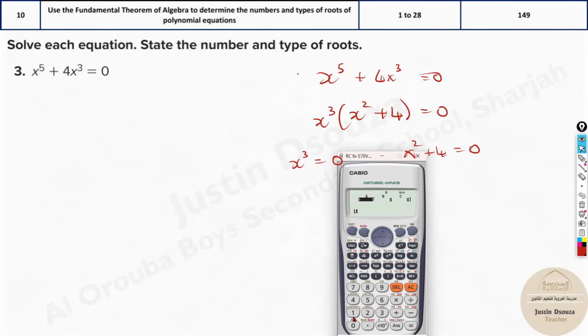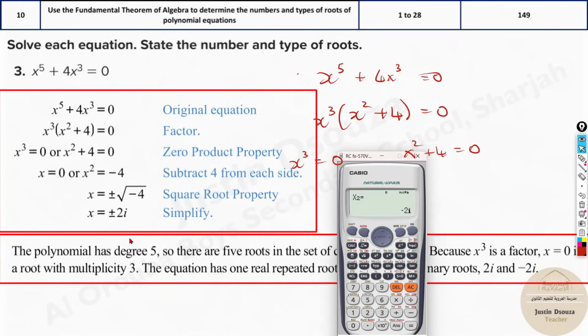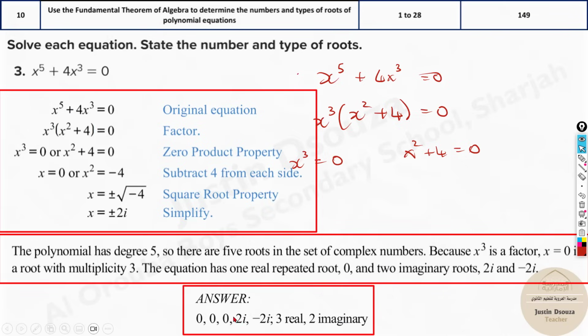The coefficient is 1. And then there is no x term, it's 0. And lastly we have 4. The answers are 2i, minus 2i. So the answer over here is, say, 0. But the multiplicity is how much? Degree is 3, so it's multiplicity 3. And the other roots are 2i and minus 2i, you can see.